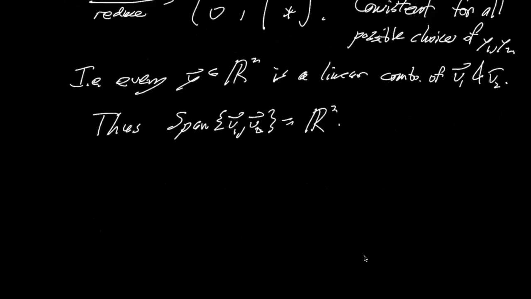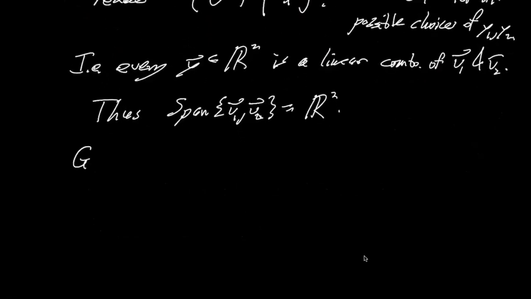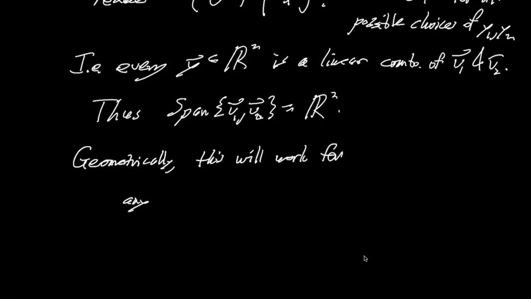So geometrically, this will work for any V1 and V2 which, in quotes, point in different directions.